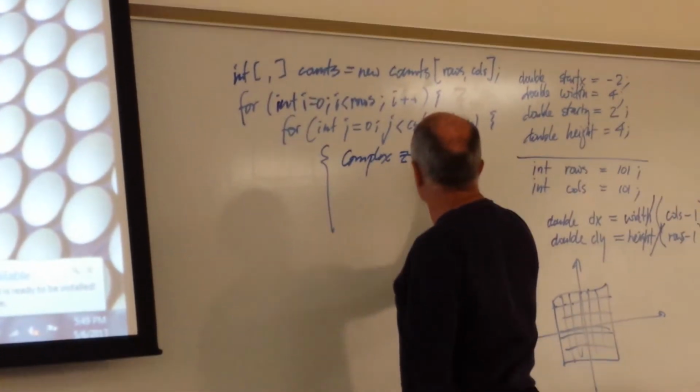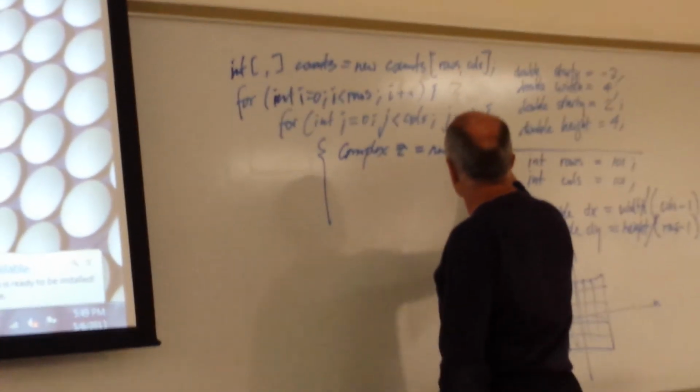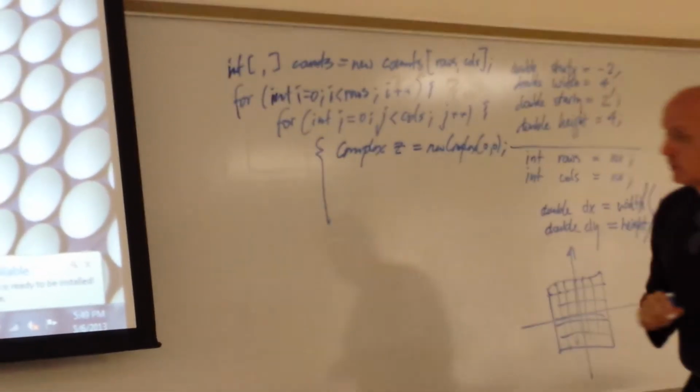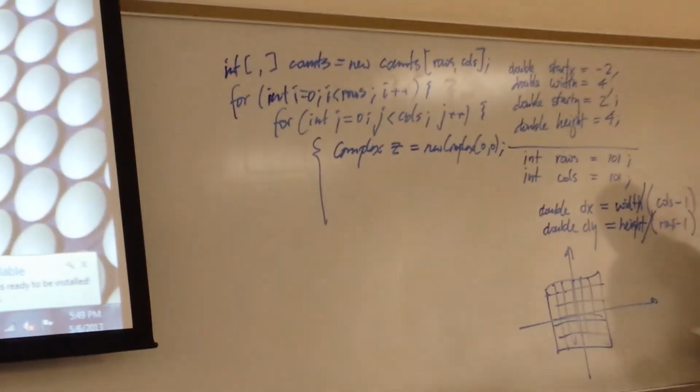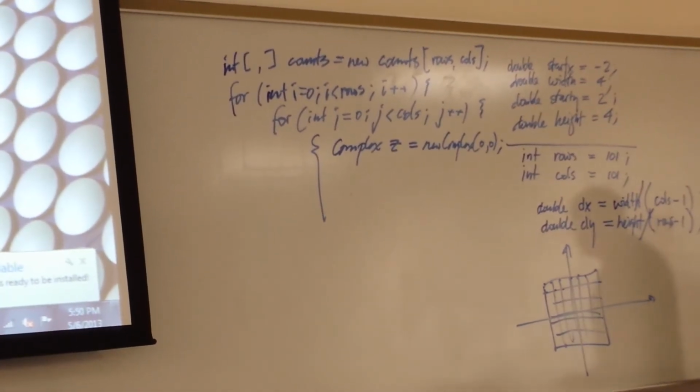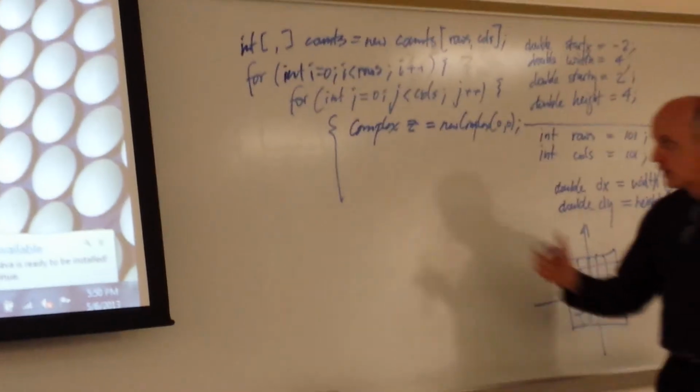Okay, so right there is where I do a convergence test for a single point. And so according to the algorithm, Z starts off at 0, and C starts off at whatever point is represented by the grid position I'm at right now.